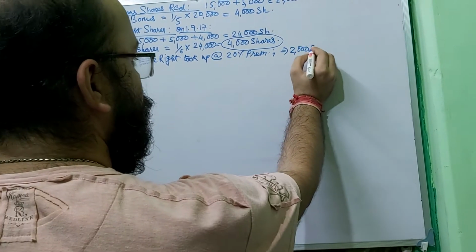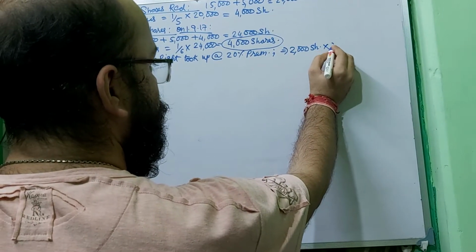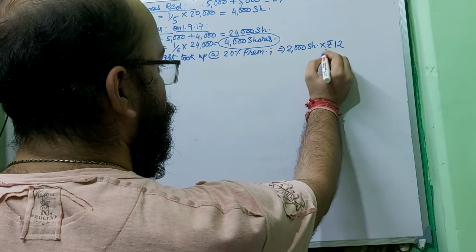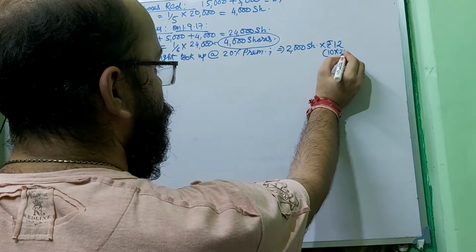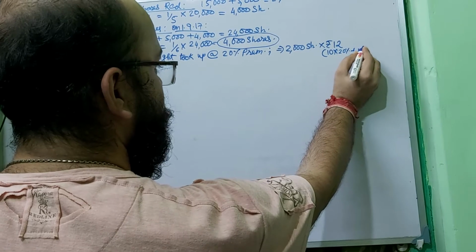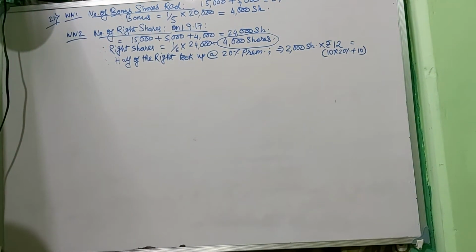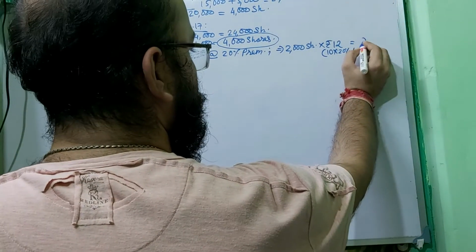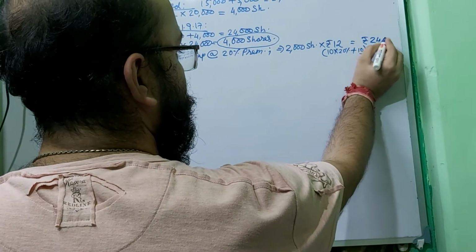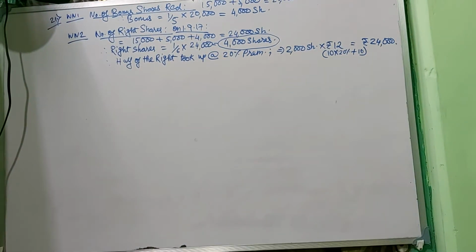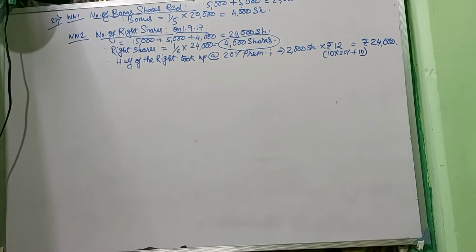So 2,000 shares into rupees 12. How 12? 10 into 20% plus 10. Okay? So basically 2,000 into rupees 12, it is coming 24,000. So it is coming 24,000.